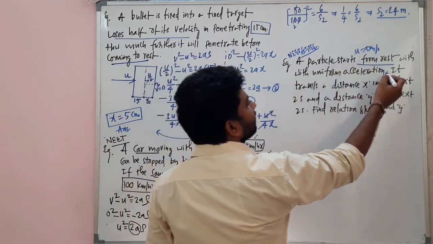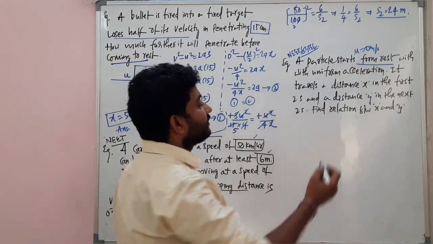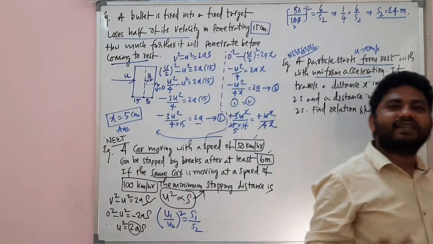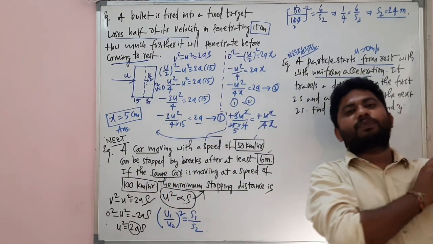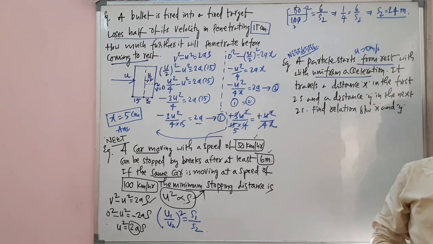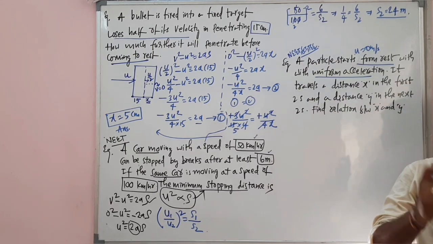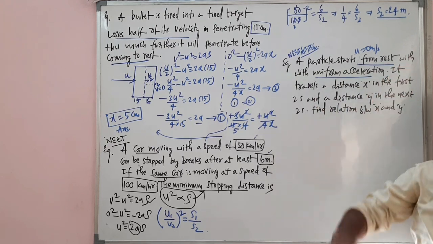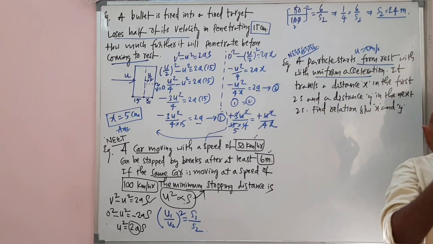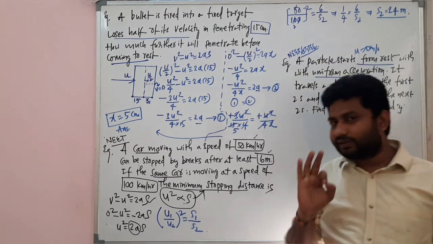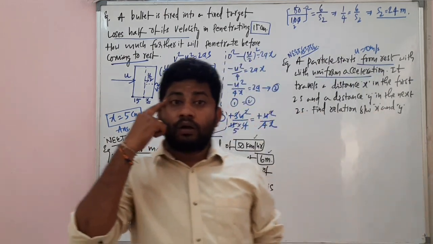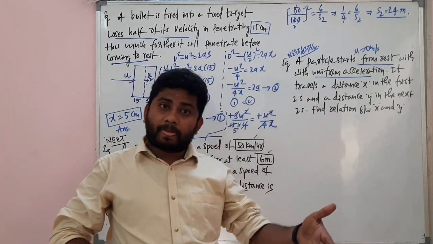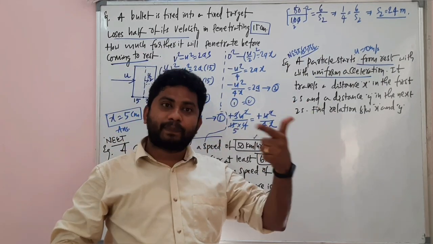With uniform acceleration, it is moving. Immediately, see here, uniform acceleration means speed is increasing. This is what the flow chart should roll in your mind when you look at the name called uniform acceleration. Uniform acceleration means increase in the speed.